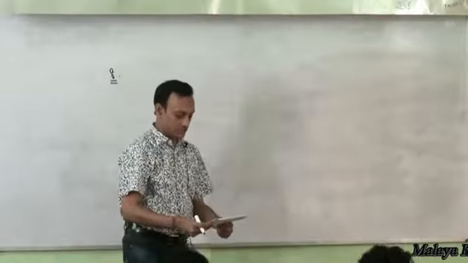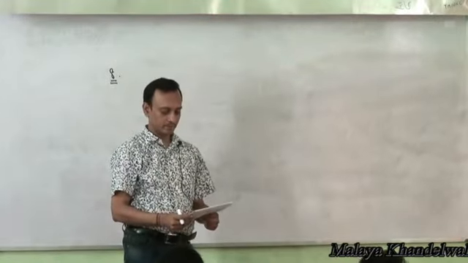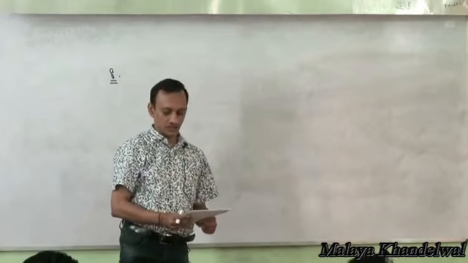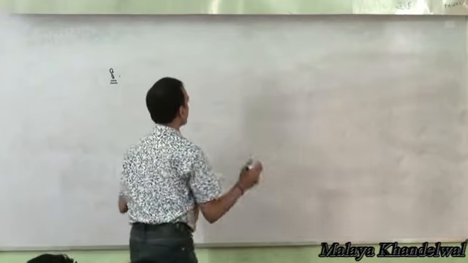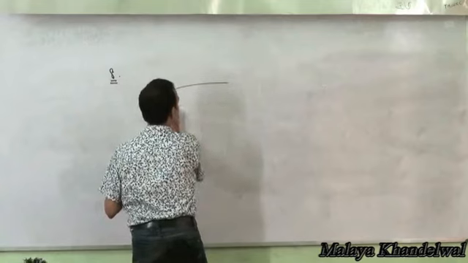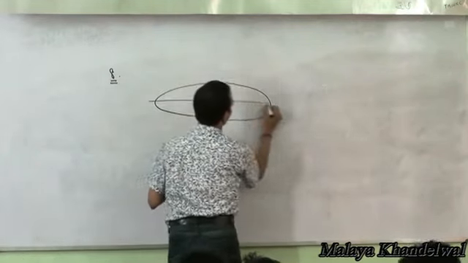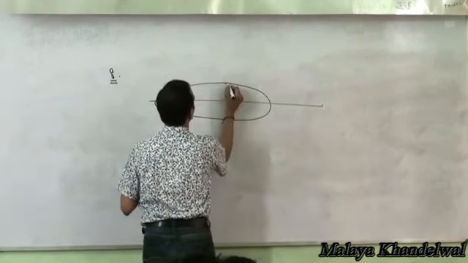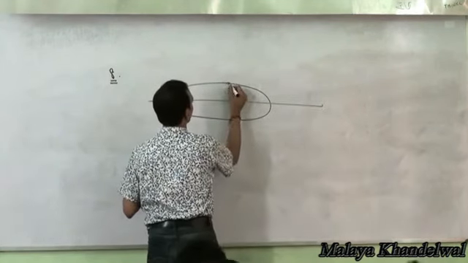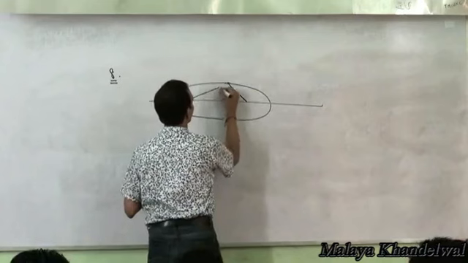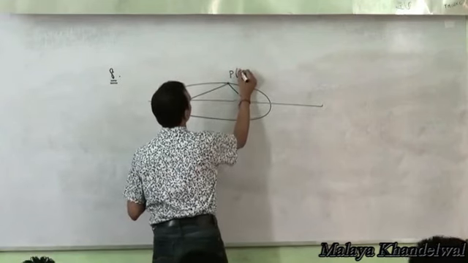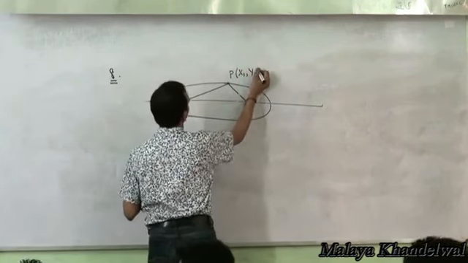A variable point P on the ellipse of eccentricity e is joined to the focus S and S prime. Let's say this variable point is x1 comma y1.